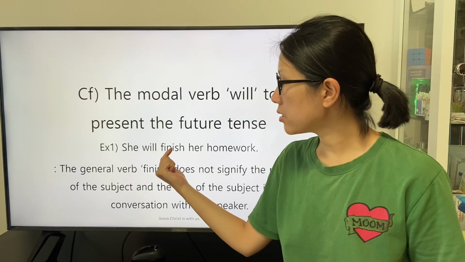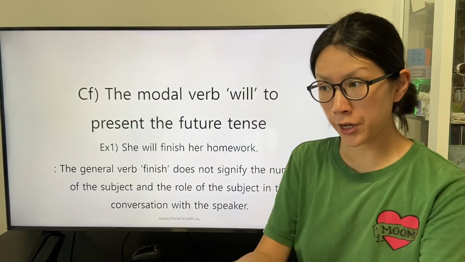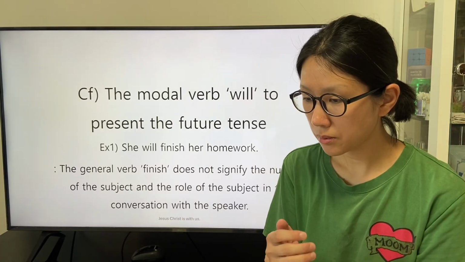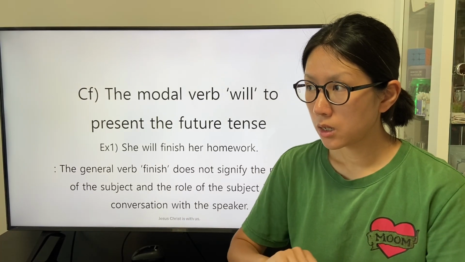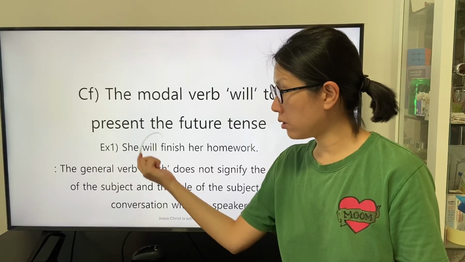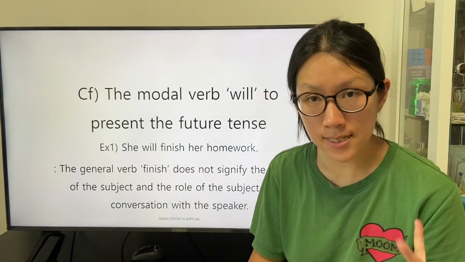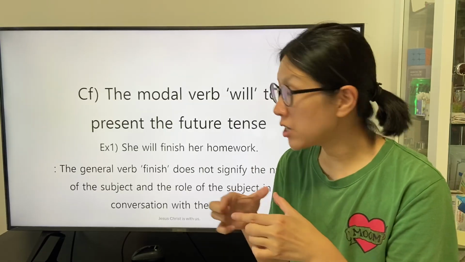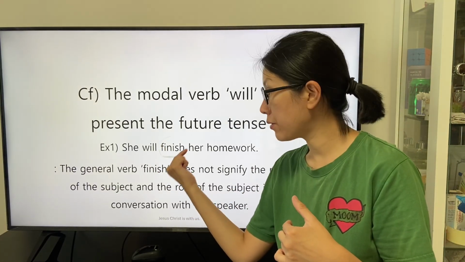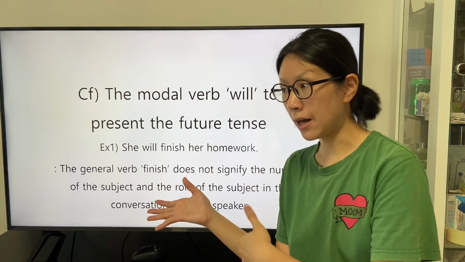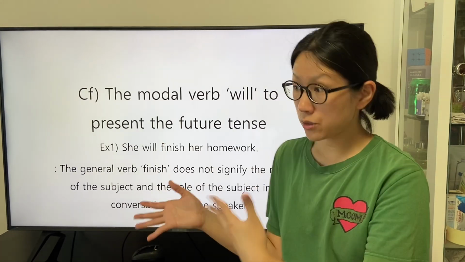The constant form of the general verb or be verb specified by the modal verb will reveals that the actualization of the experience, condition, or action indicated by the verb can be done by the other subject.